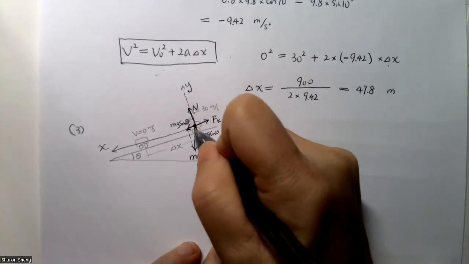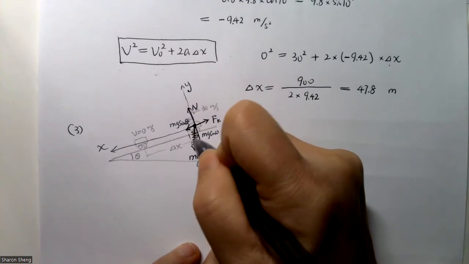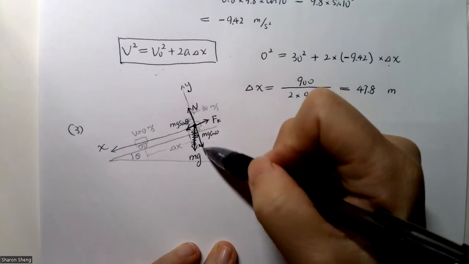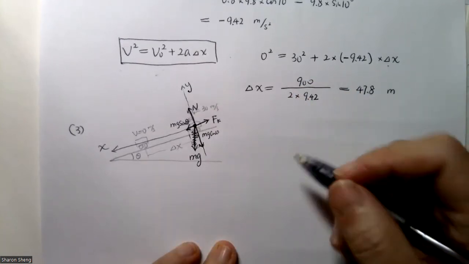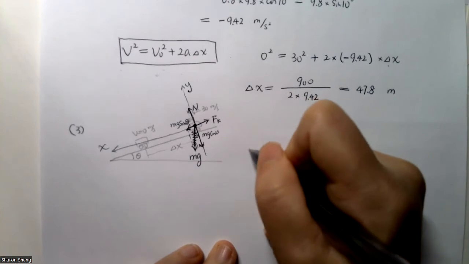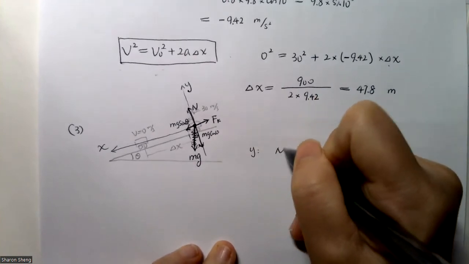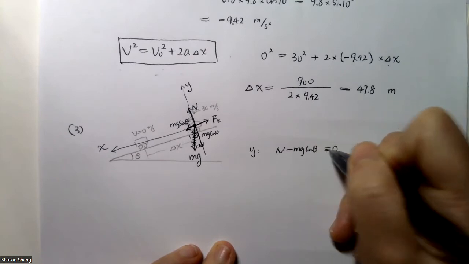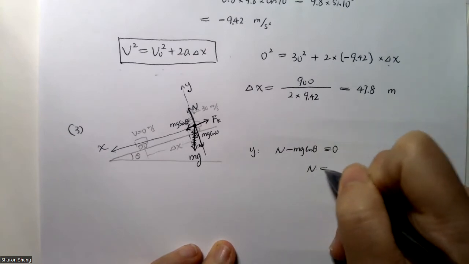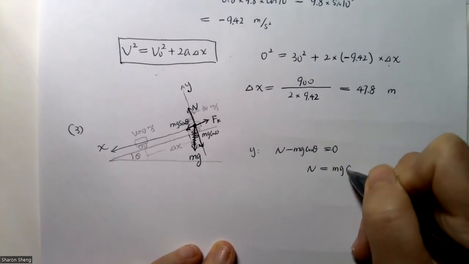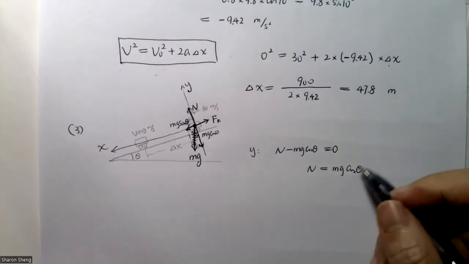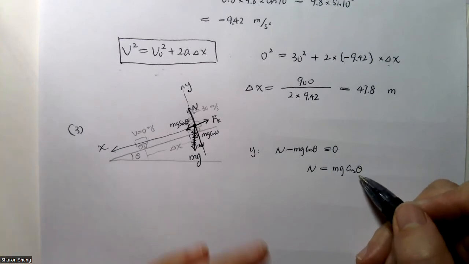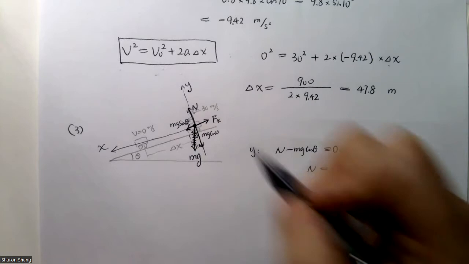When I have those two components, remember, we do not need to look at the mg anymore. mg is gone. How many forces? 1, 2, 3, 4. So along y direction, we have N minus mg cosine theta equals 0. Then we can get normal force equals mg cosine theta. Nothing new. This is the fifth time already we have seen this analysis along y direction.